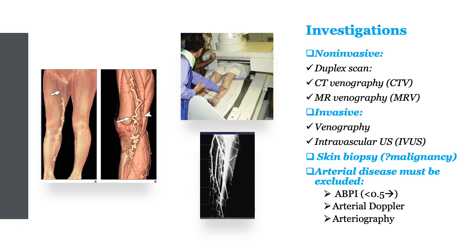Invasive, like venography or EVAS. Another investigation sometimes needed is skin biopsy, if we suspect malignancy, especially in chronic ulceration. And sometimes we may need to assess for arterial disease by doing either ankle brachial pressure index, arterial Doppler, or arteriography.